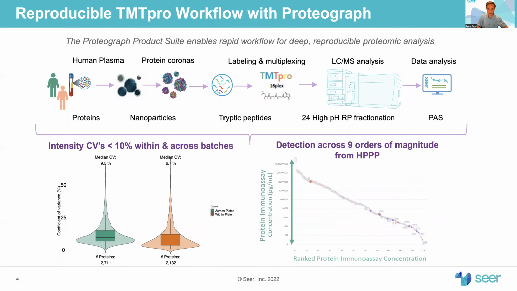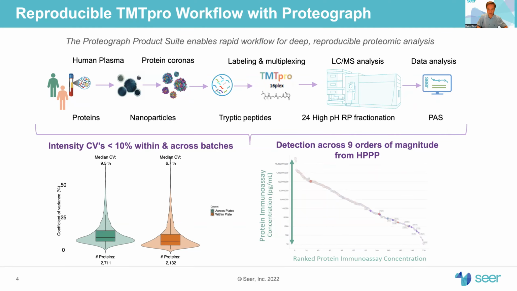In another experiment, we wanted to see how well the Proteograph could be combined with labeling and multiplexing methods such as TMT. In this experiment, we processed a pooled plasma sample in the same way as previously described, but at the end of the process, we labeled the samples with TMT Pro 16-plex reagents and processed with a standard TMT workflow.